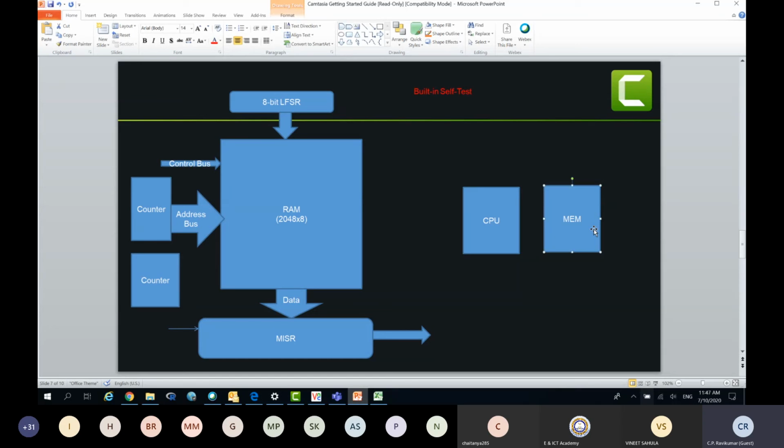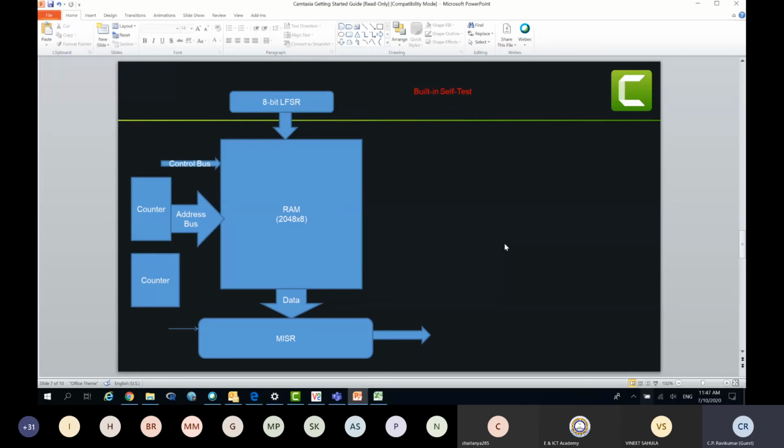Because people use small register files, SRAM, and there may be so many peripherals included in the same SOC today, right? So they will all have memories, right? So as a result, the number of memories is large, right? I have shown you how to connect it for one memory, but imagine there are hundreds of memories and you have to test all of them, right? So then the challenge is even bigger, right?